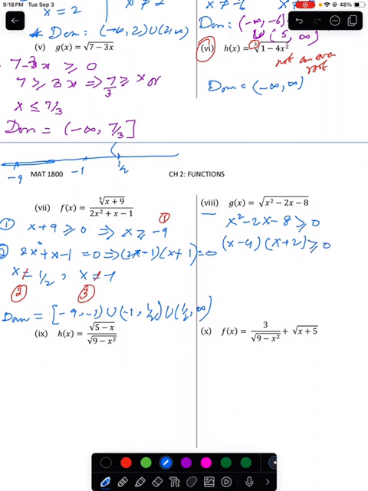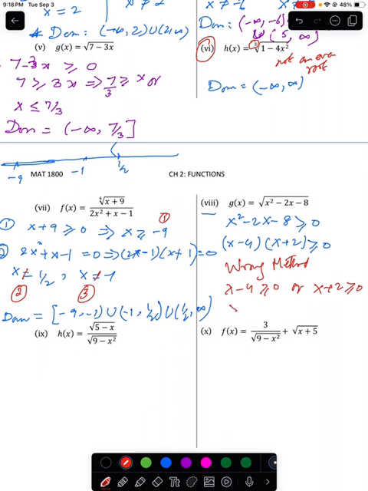Now remember, this will be the wrong method: saying x minus 4 is greater than or equal to 0 or x plus 2 is greater than or equal to 0. Why is it wrong?